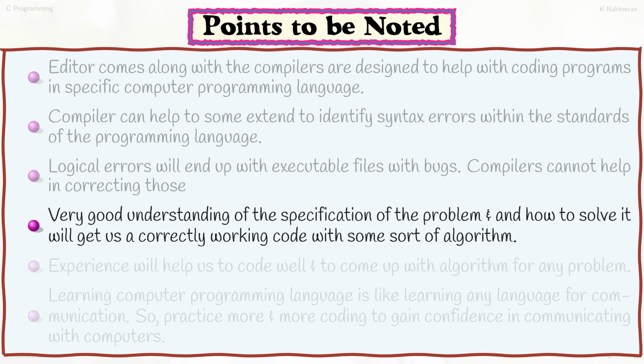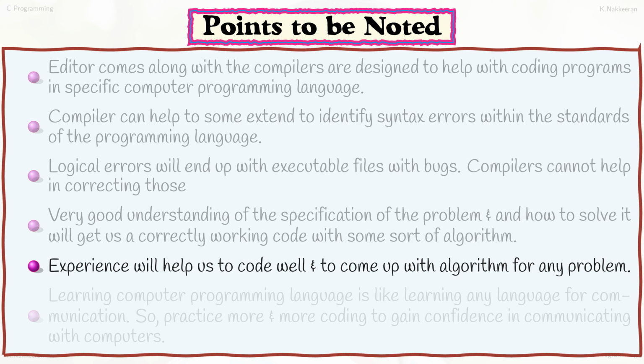So, we need to first have a very good idea about how to perform various mathematical operations and calculations using linear algebra to come up with an algorithm to solve the problem and then to code it as a computer program. In developing programs, first carefully look into the specs and basics of the problem and how to solve it, and then use that knowledge and procedural steps to develop the algorithm and finally to implement it as a correctly working computer program.